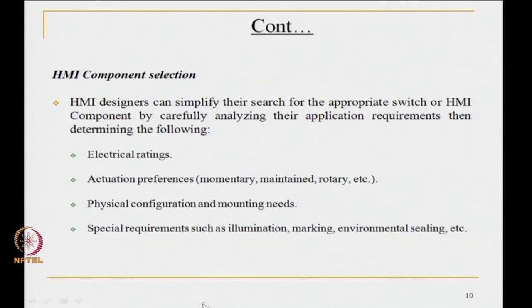The man machine component selection, or the human machine interaction component selection, begins at a design stage, and design can simplify their search for appropriate switch or HMI components by carefully analyzing their application requirements and then determining the following.